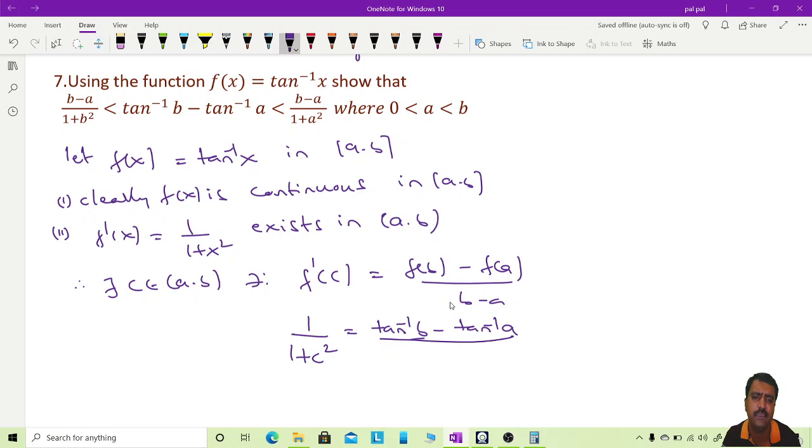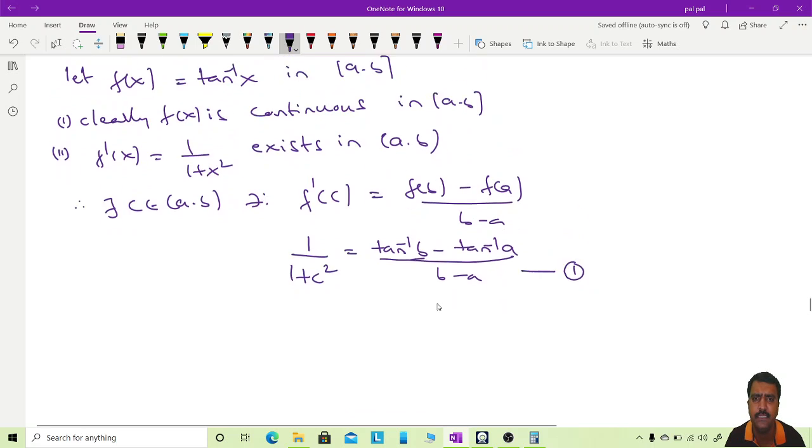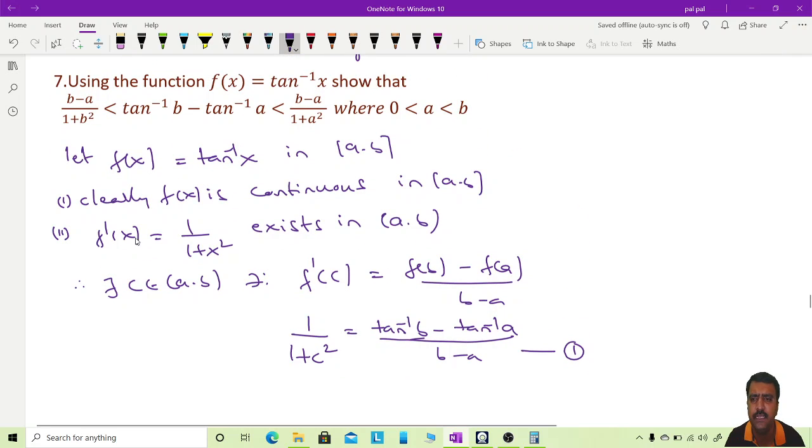Let us take this result as 1: 1 by 1 plus c square is equal to tan inverse of b minus tan inverse of a by b minus a. Again, c is the value that exists in between a and b.